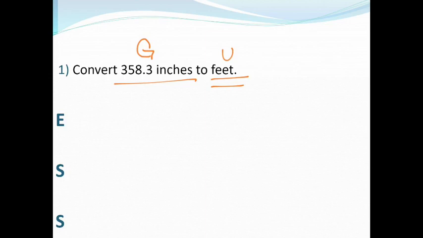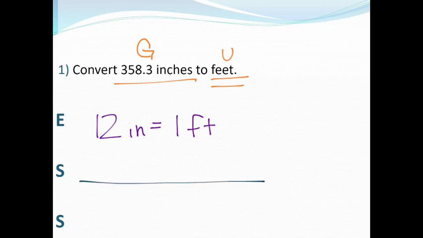Even though it doesn't give us any equations, any information, hopefully we know something about inches and feet. 12 inches equals 1 foot. And that should get us straight from inches to feet. So if we're going to use this dimensional analysis process now, we're going to start with a line, and we're going to write that given on top of the line.